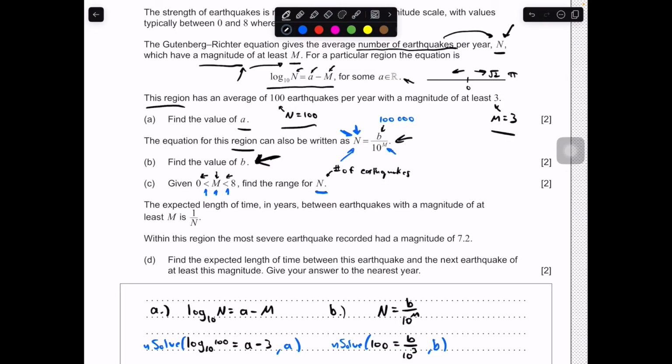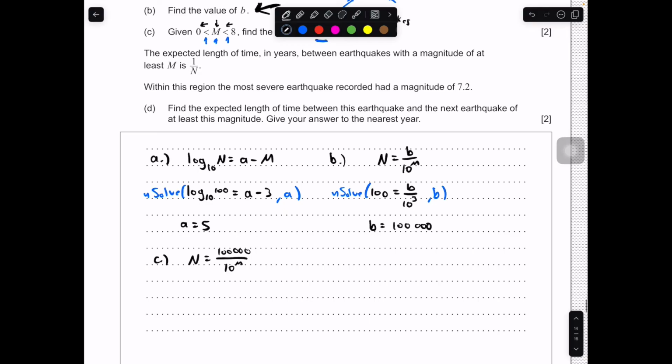So maybe that would be a question to ask: how could we use this? Are we going to need to make use of this value of a or b or so on? Okay. So the number of earthquakes is given by 100,000 over 10 to the power of their magnitude. And in this case, we're looking for earthquakes which have a magnitude greater than 0 and less than 8.